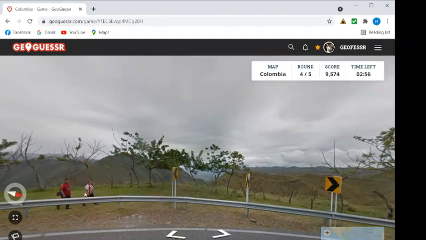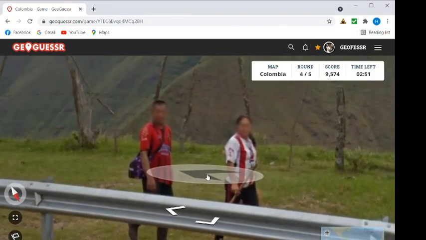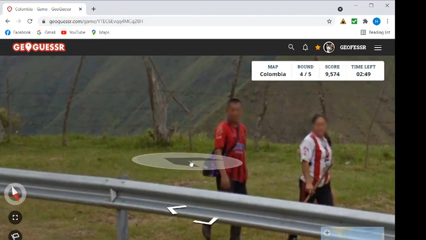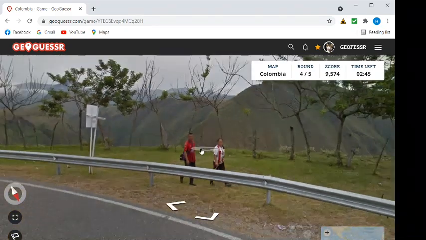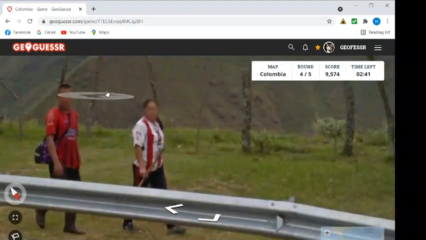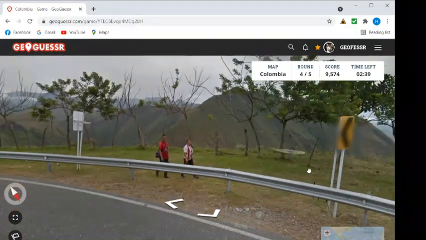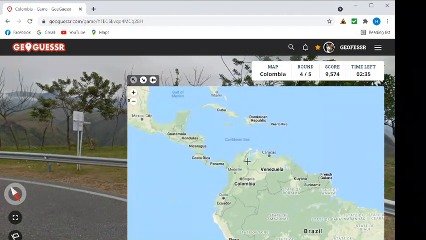Okay, this looks high in elevation, right? Okay, we've got people looking at the Street View car. Yep. Yeah, these people look more indigenous too, which I think in Colombia is correlated with the highland areas.